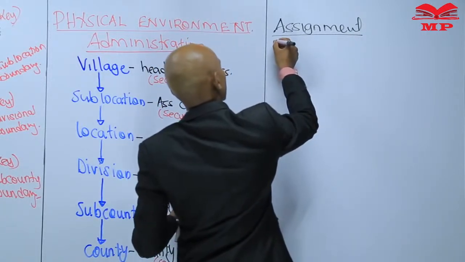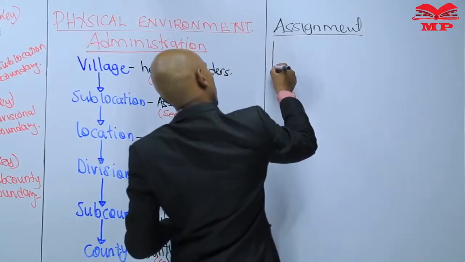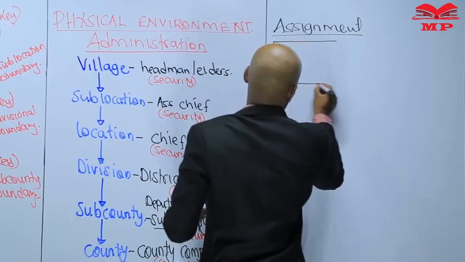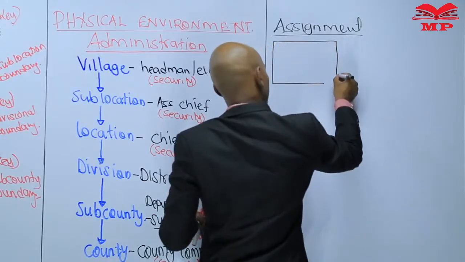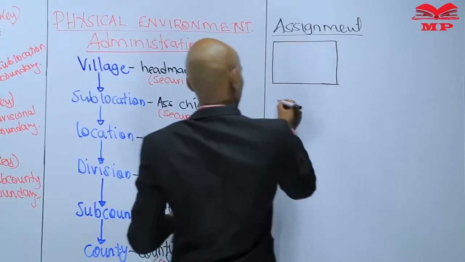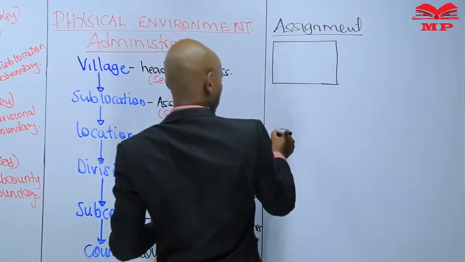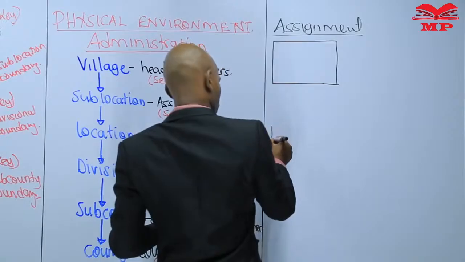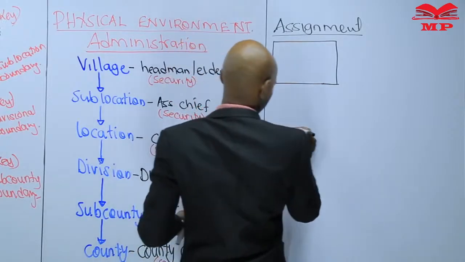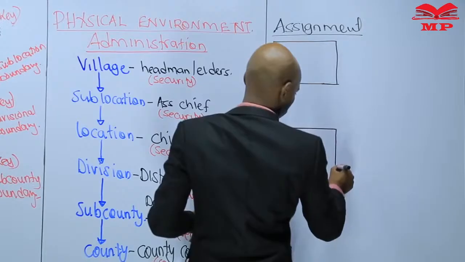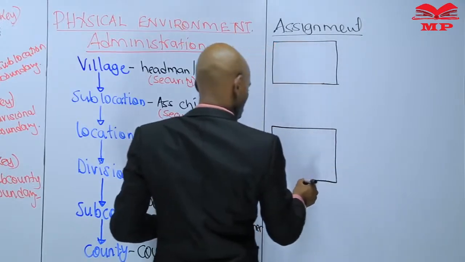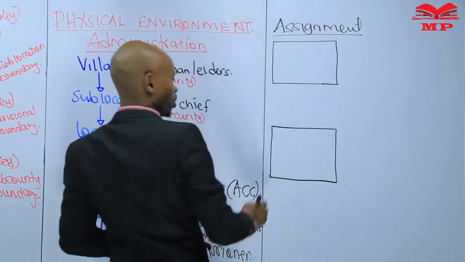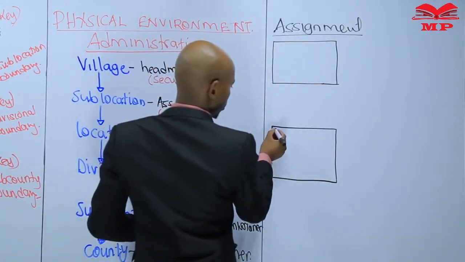Let's have 2 maps, so that at least one is for the boundary and one is for the office.